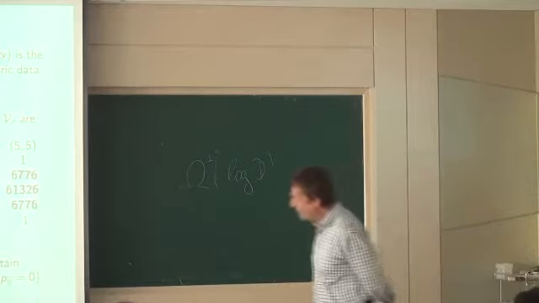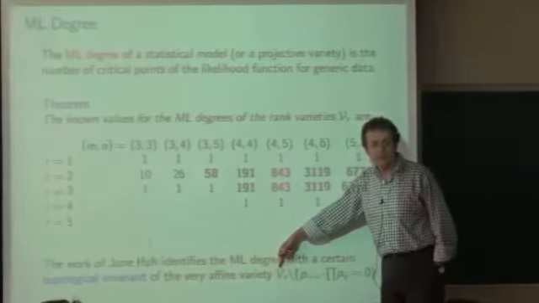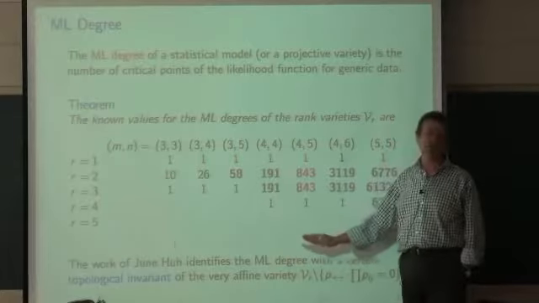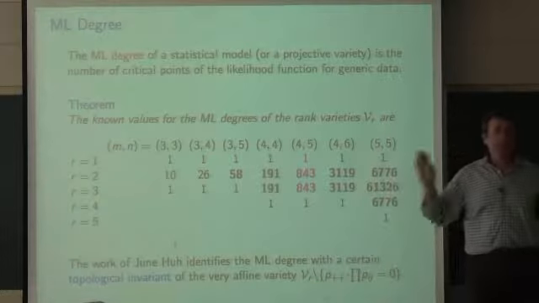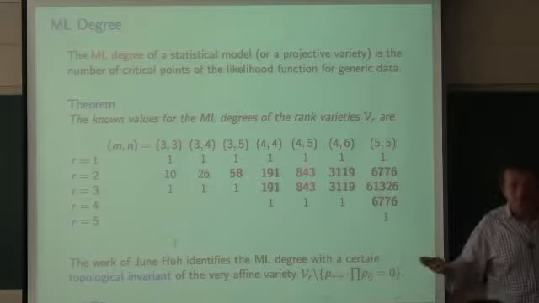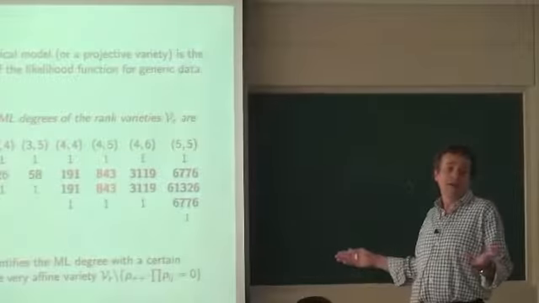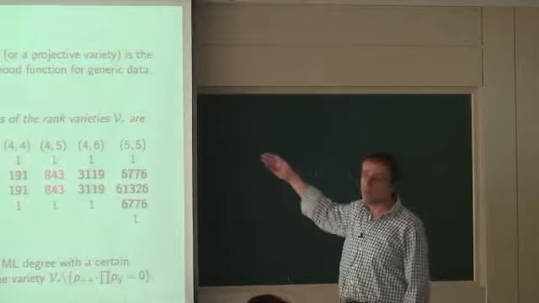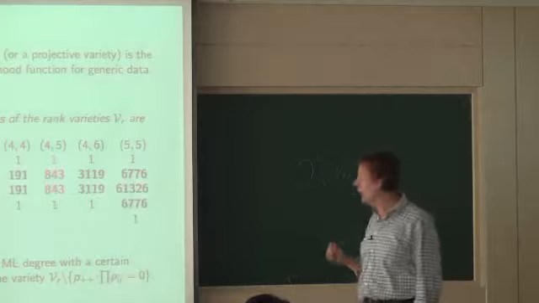Now, if this variety were smooth, this would be just the topological Euler characteristic. This is quite nice, because even if you don't care at all about statistics and likelihood, but maybe you care about the Euler characteristic of low-rank matrices, then this gives you a lot of information. Unfortunately, it's not quite the Euler characteristic because of the singularities.